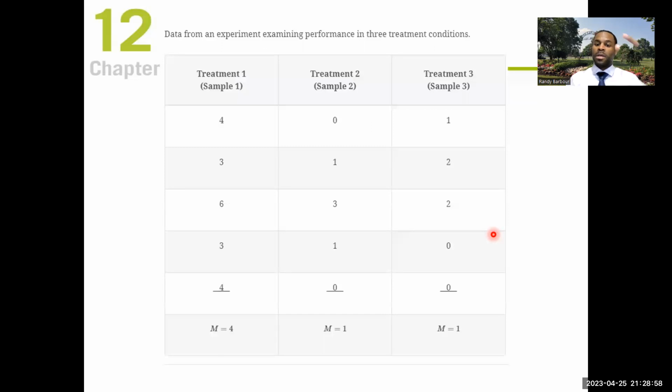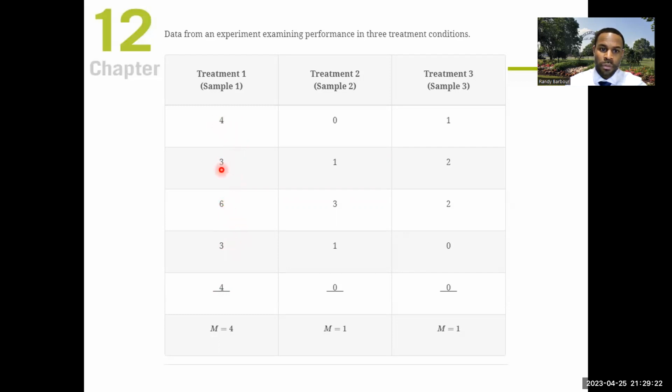So here's another example. Within each group of the sample, we have a mean of 4 for sample 1, a mean of 2 for sample 2, and a mean of 1 for sample 3. As you can look within the groups, you see that there are some differences within each of those scores.